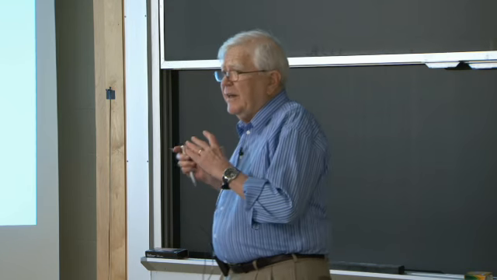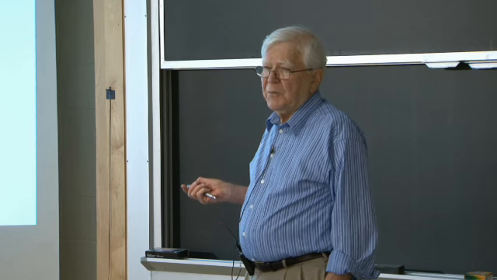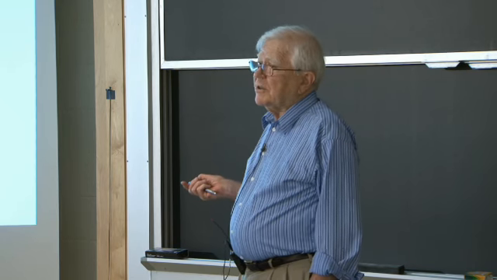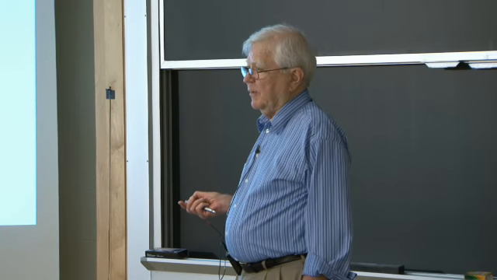Okay, so this is a very simple-minded model of this very complicated and very important problem. But it's close enough to the truth that we can get a lot of observations from it.